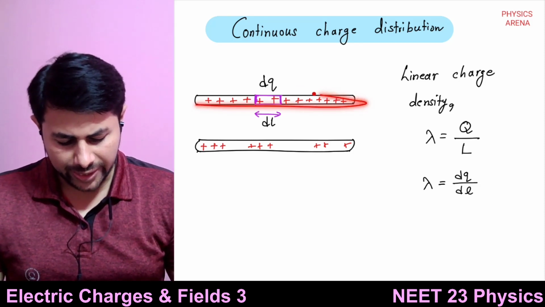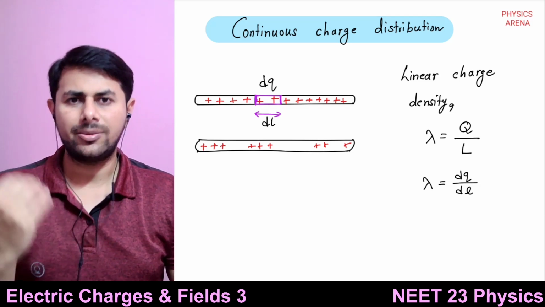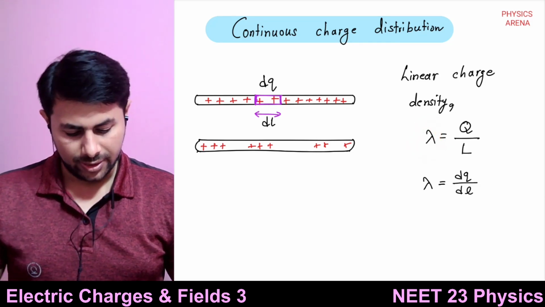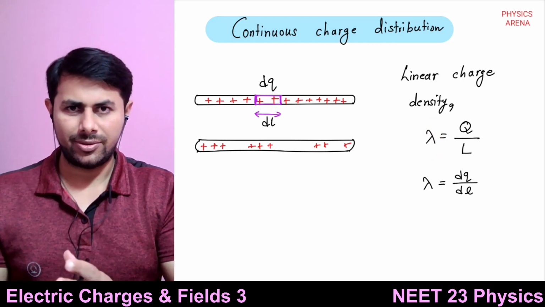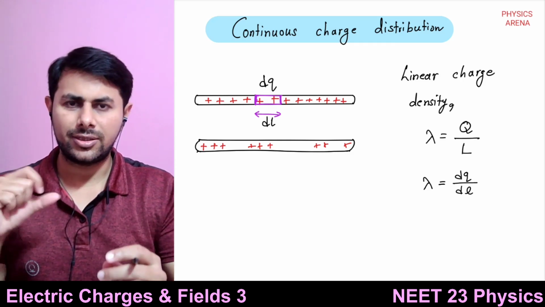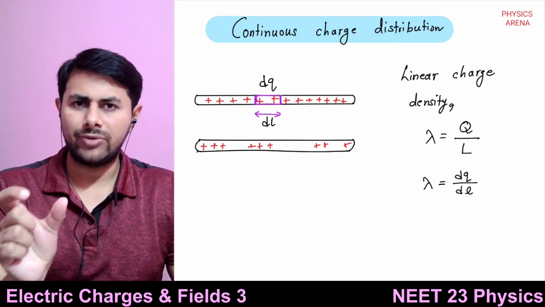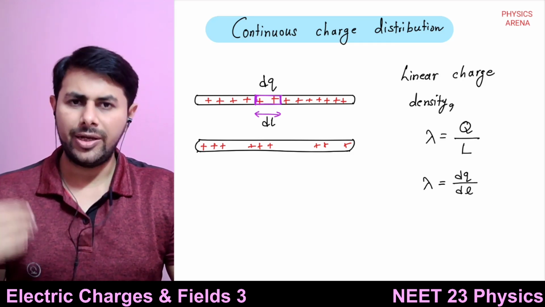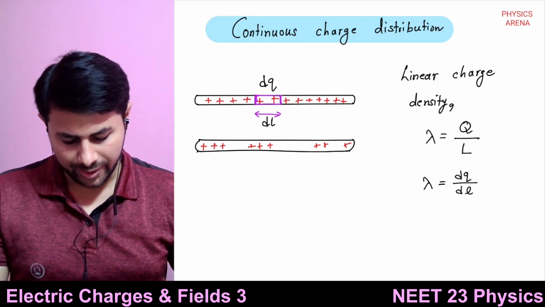If we consider the complete rod and take charge upon length, we get some value, which we call lambda. If we take half of the rod, the charge becomes half. If we take a quarter of the rod, the charge on that length would be a quarter. Whatever length we consider, the charge divided by the length gives us the same value.